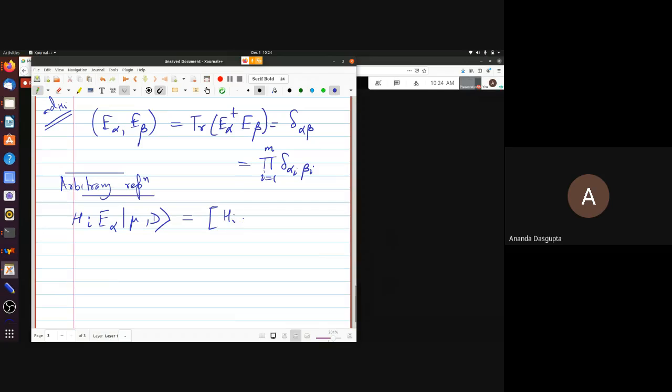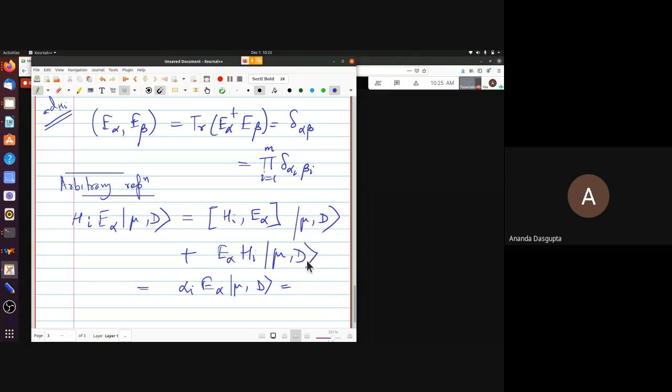Now this, happily enough, can be easily found out by using this fact. And the commutator, we know the commutator of HI and E alpha is alpha I E alpha.